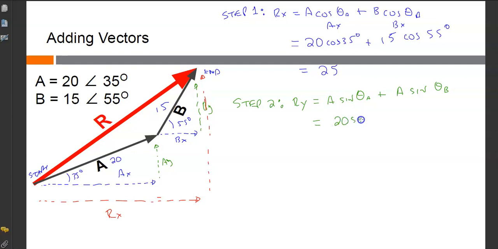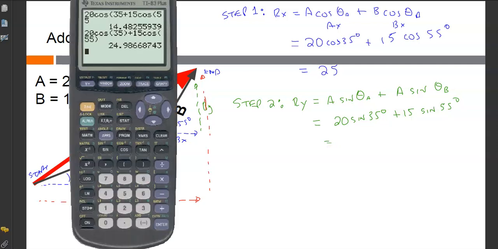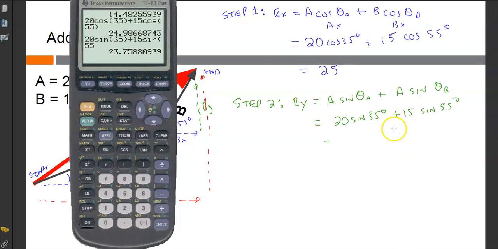This would be 20 sine 35 plus 15 sine 55, and you punch that in. So I'd come in here and I'd go 20 sine 35, close it up, plus 15 sine 55. And that's a 23.75. I'll call it 23.8. All right?